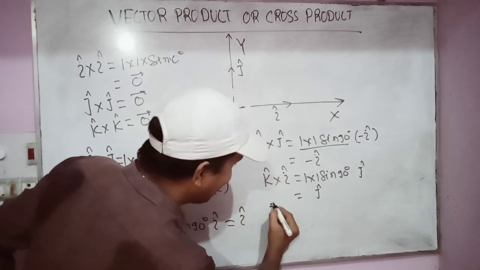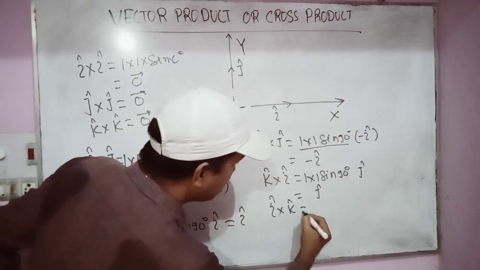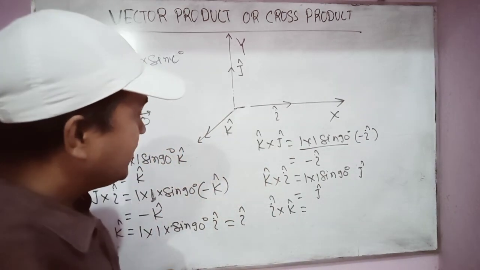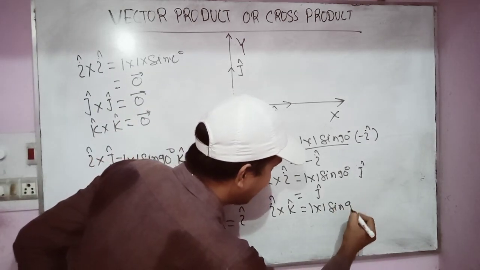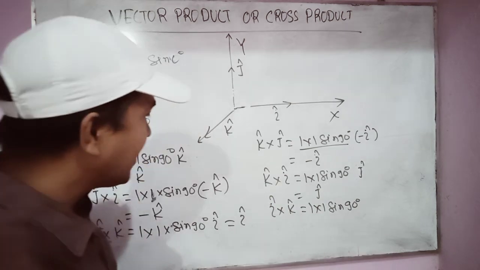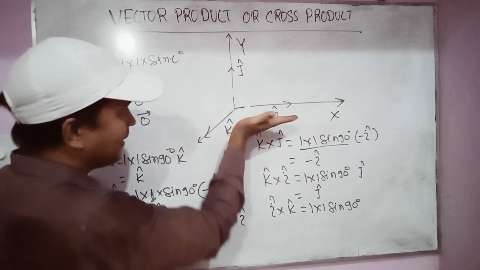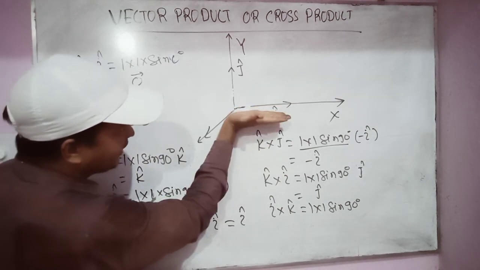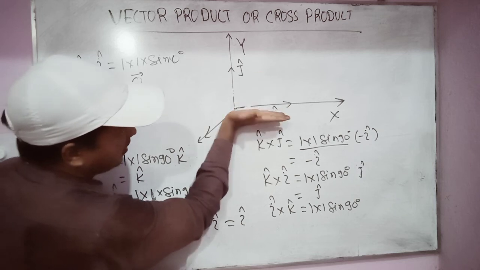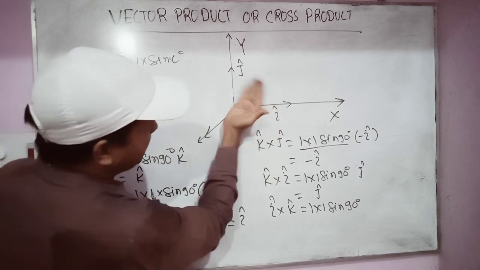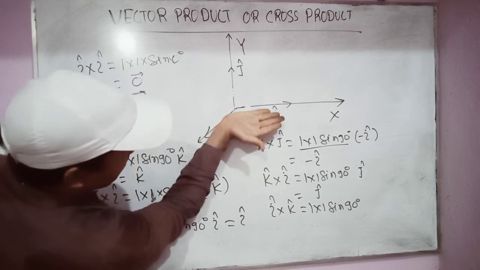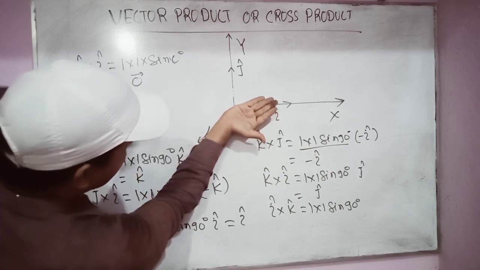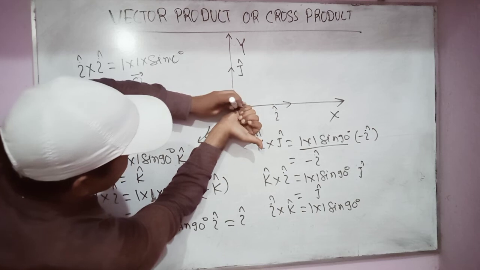Now what is i cap cross k cap? For this the magnitude is 1 sin 90, and for the direction I place my fingers along i cap and curl them around k cap. This is i cap and k cap is along this direction.